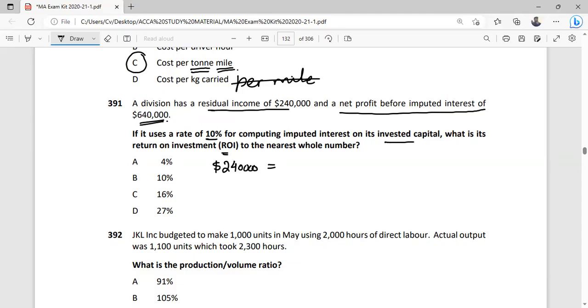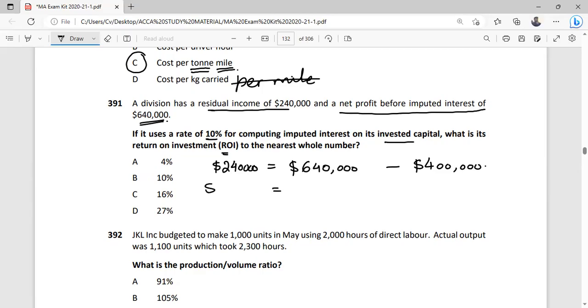A net profit before imputed interest means your controllable income is 640,000. So what does it mean? What was your notional profit or imputed profit? Your notional or imputed profit was 400,000. And he is saying that 10% is your required rate of return or your cost of capital.